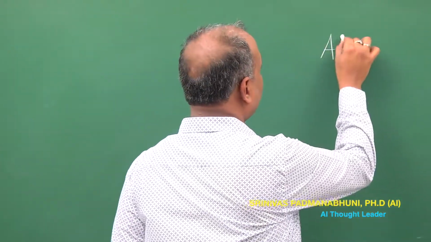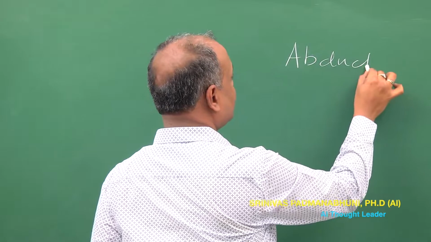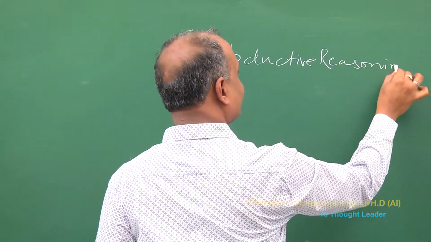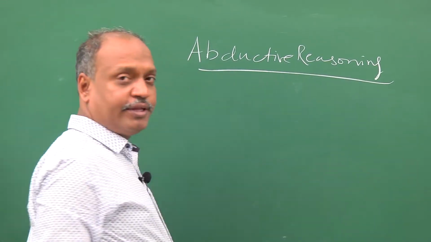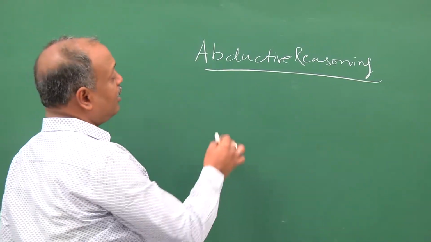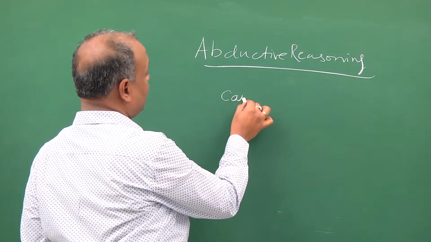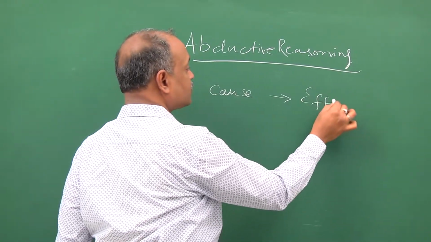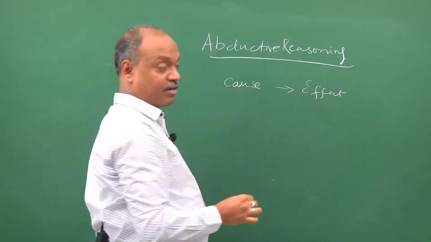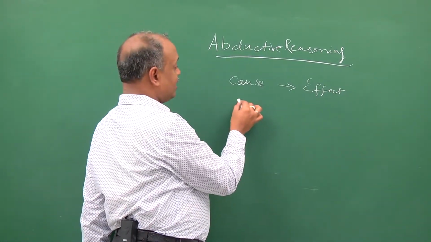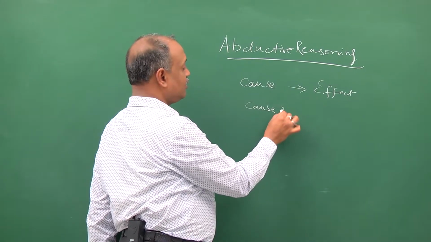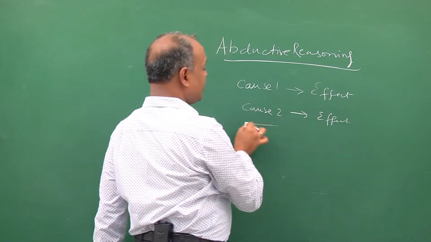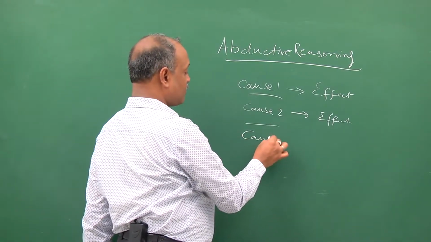So, we already understood in a context of abductive reasoning, there is usually reference of a problem statement of the form cause effect. It could in fact be multiple causes causing the same effect.